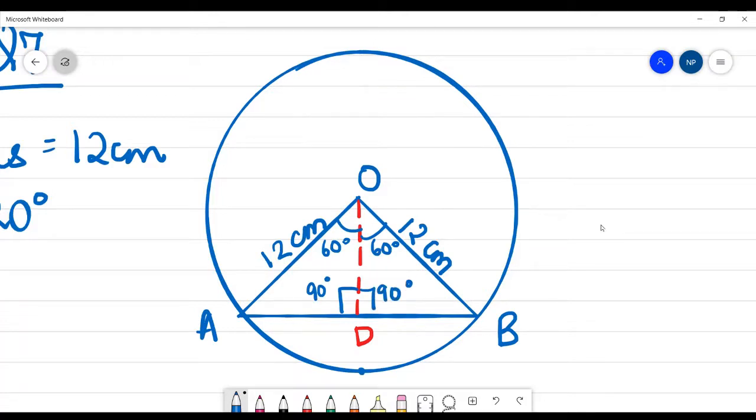Why have we drawn the perpendicular? It will be helpful for us to bisect the angle as well. Because for the triangle, the formula is half into base into height. So for the height, we want this perpendicular. All right. Now let us write down the statement.